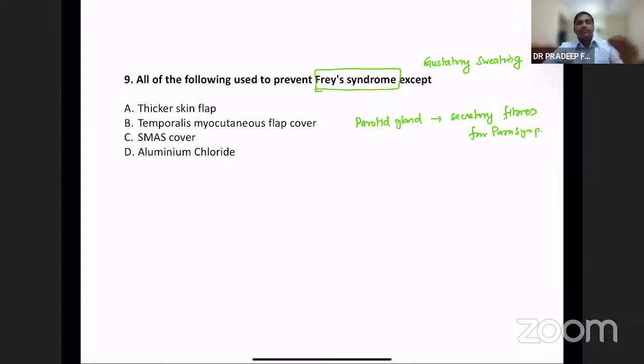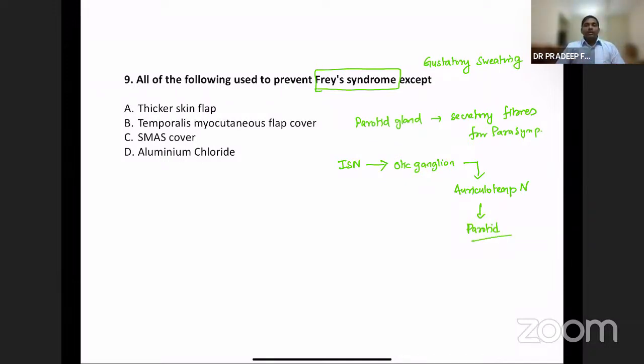So all secretory functions will be promoted by the parasympathetic system. It is from the inferior salivatory nucleus. The parasympathetic fibers relay in the otic ganglion. From the otic ganglion, the parasympathetic fibers travel through the auriculotemporal nerve and innervate the parotid.